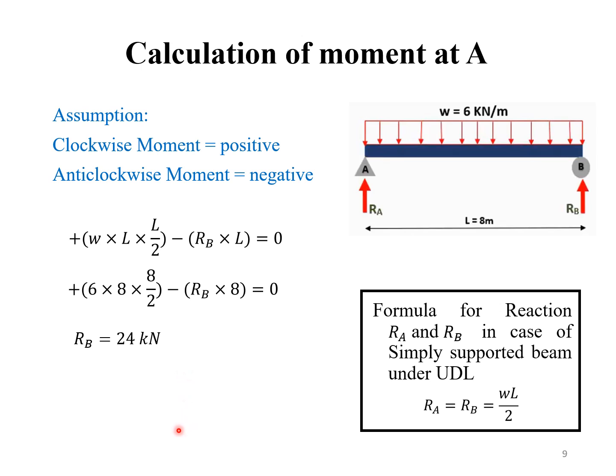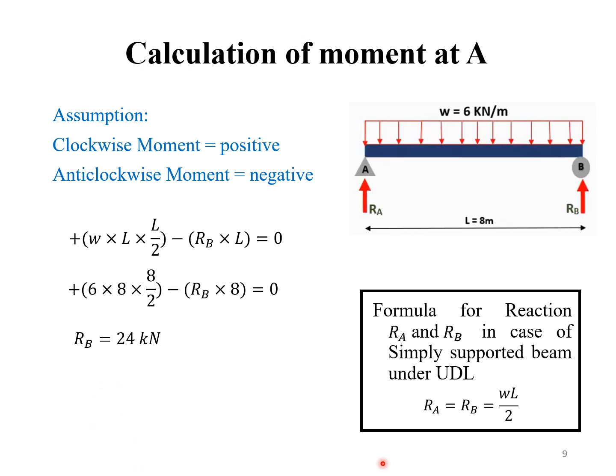So let's start the calculation. W is a uniformly distributed load acting on 8 meters of length and acting from the centroid. Here you can see we have a rectangular load, so the centroid will be the center of the beam, L by 2. So we can get the result RB equals 24 kilonewton from the equations.